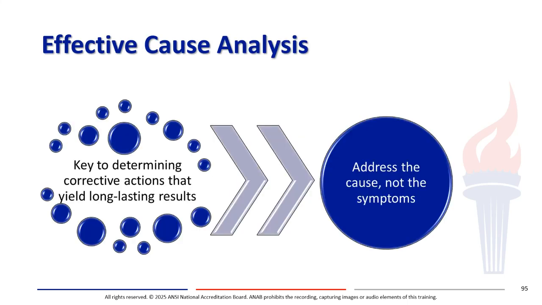Effective cause analysis is the key to determining corrective actions that can yield long-lasting results. Both ISO 9001 and ISO 17025 standards moved away from the term root cause analysis, and now they address the cause analysis. It is recognized that nonconformities rarely have one distinct cause, and limiting the analysis to one cause could limit the effectiveness of correction and corrective actions.